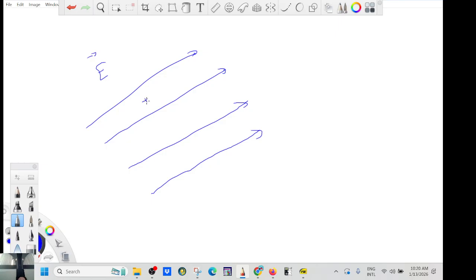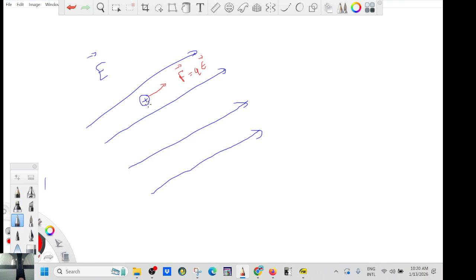If you have a positive charge, then it will go with the wind, so it will move in this direction. F equals QE, and you see that the electric force is proportional to the electric field. So if the electric field is in this direction, the force will be in this direction. Just memorize for now.